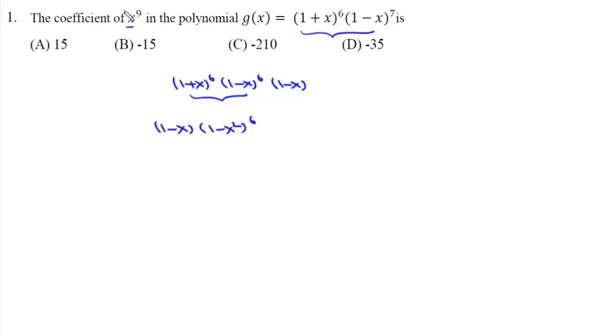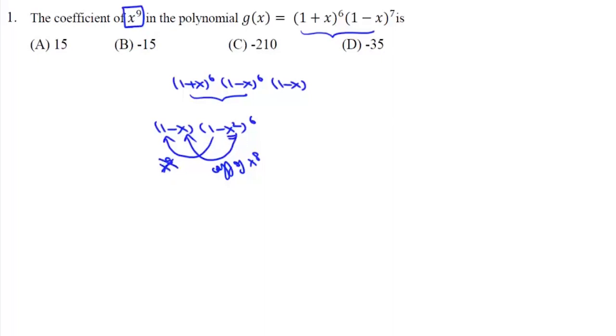Now we need to find the coefficient of x to the power 9. Either x to the power 9 from (1 minus x squared)^6 gets multiplied with 1, or the coefficient of x to the power 8 from the second expression gets multiplied with minus x. Now since there is an even power, we cannot have x to the power 9 in this.